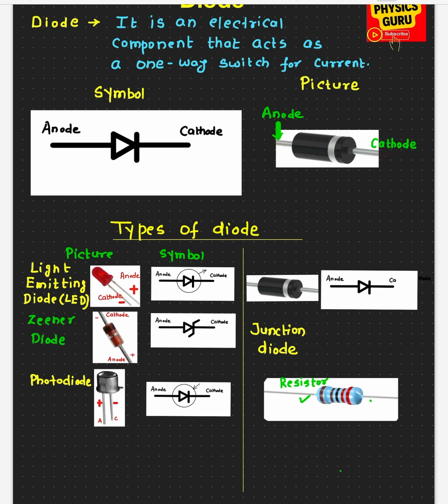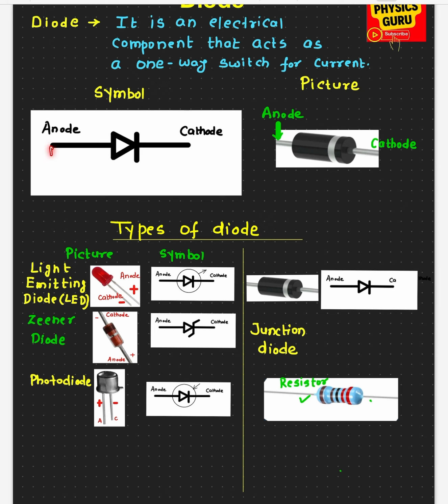That means it is allowing the current to pass in only one direction, while it completely or severely restricts the flow of current in the opposite direction. That's the reason we call it a one-way switch. So this is the symbol for the diode. Okay, and this terminal we call an anode, and you see this bar here. So this one is called a cathode.